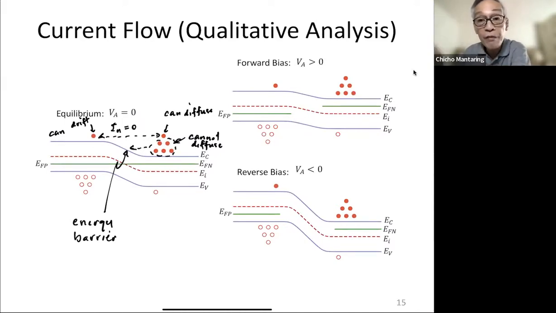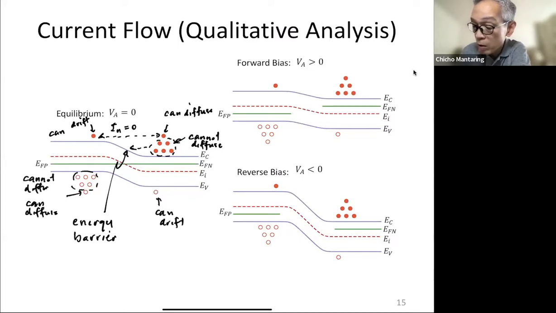You have a similar situation for the holes. So this can drift, this can diffuse, but these holes cannot diffuse, because upon arriving here, this is the energy barrier of the holes.